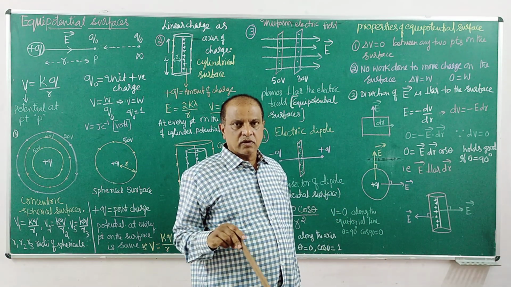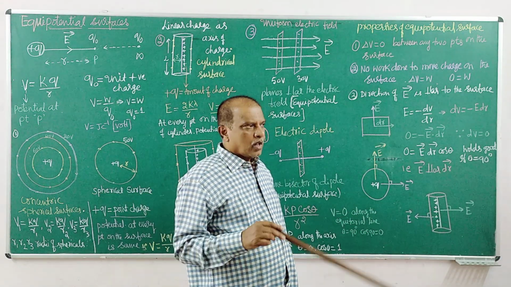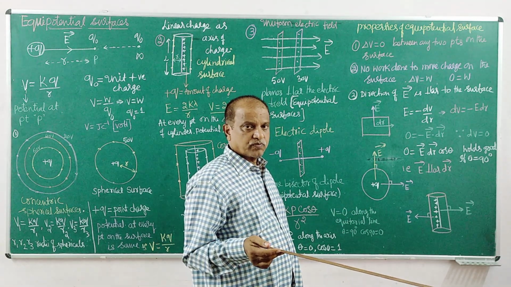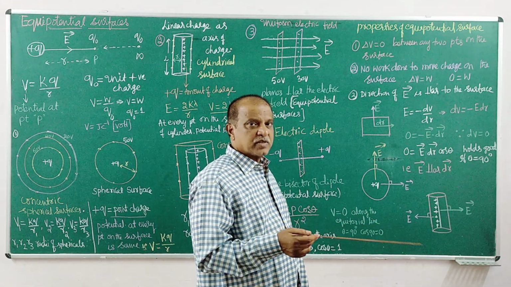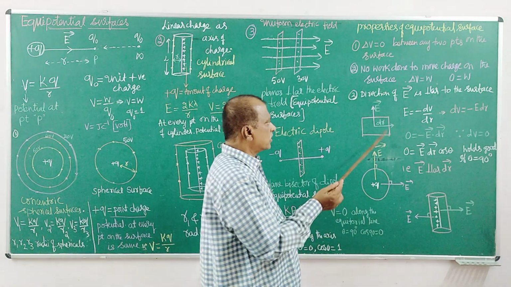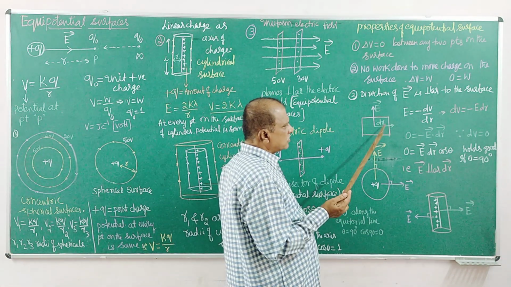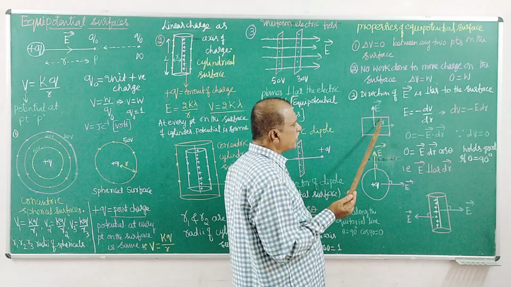Displacement has a direction, and the surface direction is the same. So any displacement on the surface has the direction of the surface. On a rectangular surface like this, that is the direction of the surface, and that is the direction of the electric field. They are always perpendicular to each other.